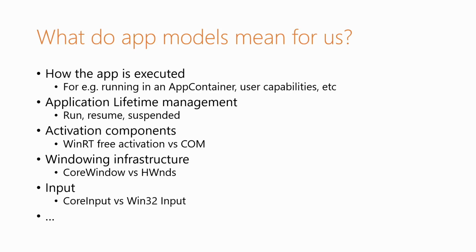Then we have also another aspect, which is the input. We have in UWP the core input, which is a completely new implementation of how the input works with the platform. But in Win32, we have the classical Win32 input that doesn't have any cool name. It's just Win32 input. And there are more and more aspects that we need to take care of when we are talking about the application model.